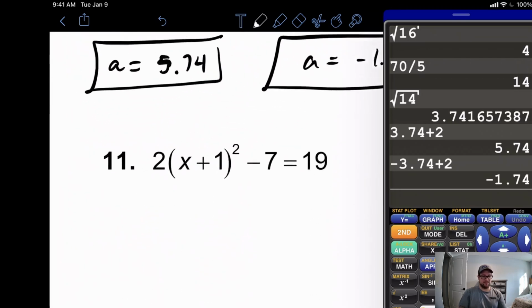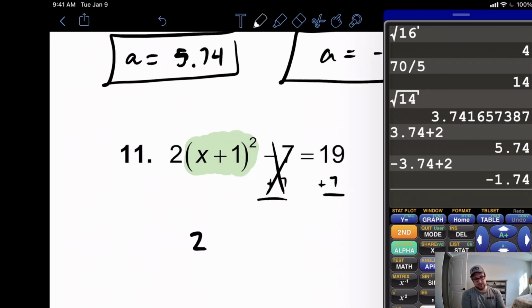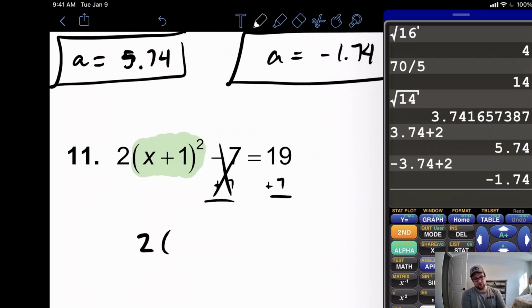Here's number 11. First, our goal is to get this all by itself. Now, in math, we've talked about this a lot. We know we got to get rid of the 7 first. So we're going to add 7 to both sides because that's what's going to undo it. And that's going to leave me with 2 times x plus 1 squared is equal to 19 plus 7 is 26.